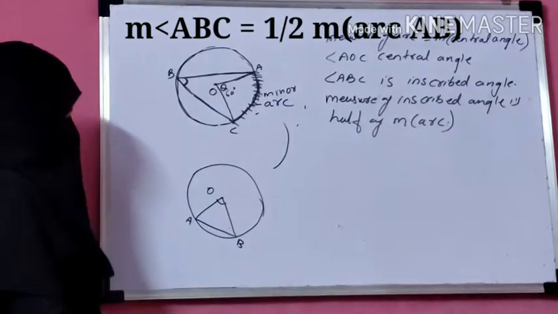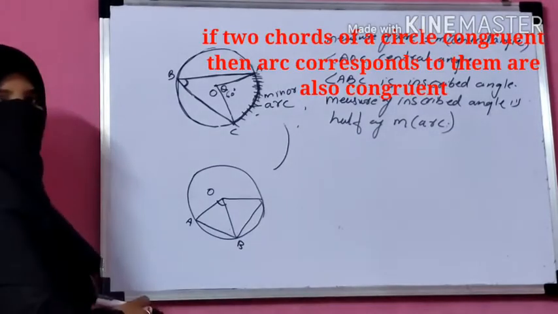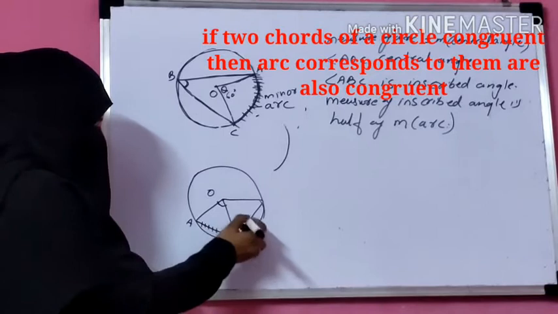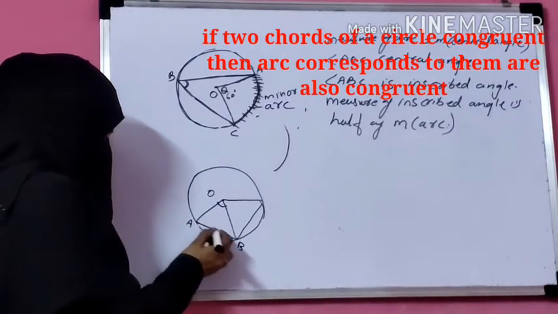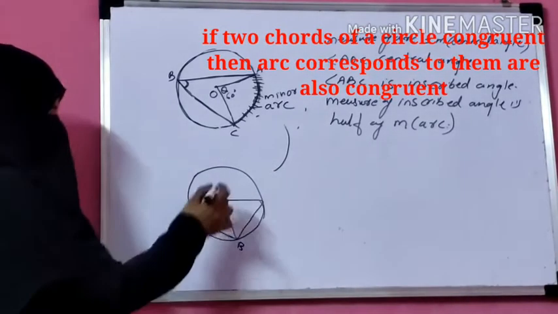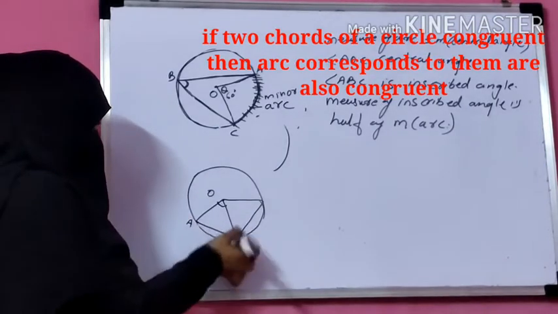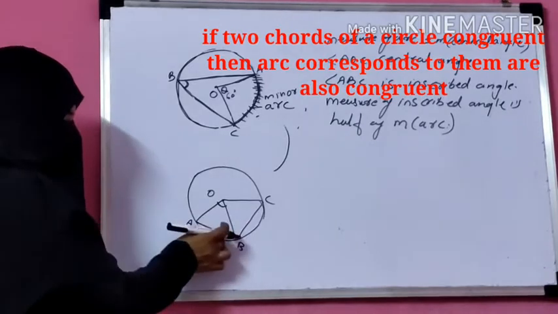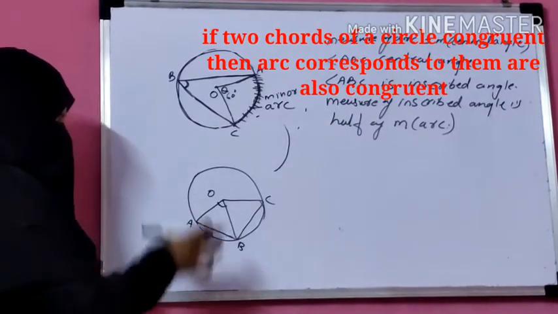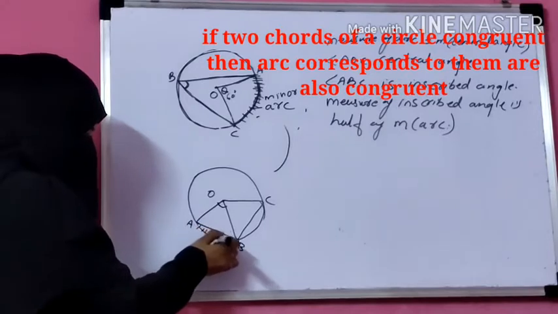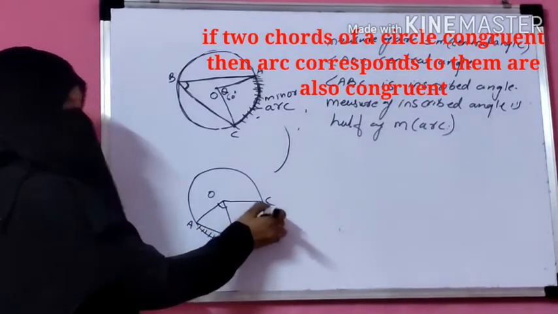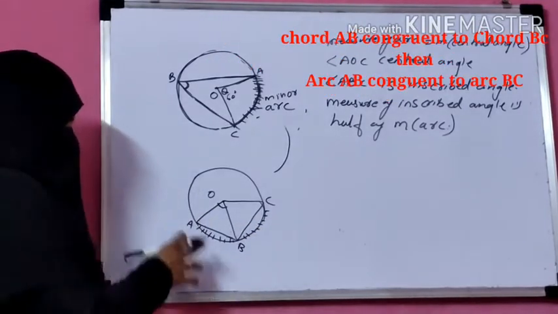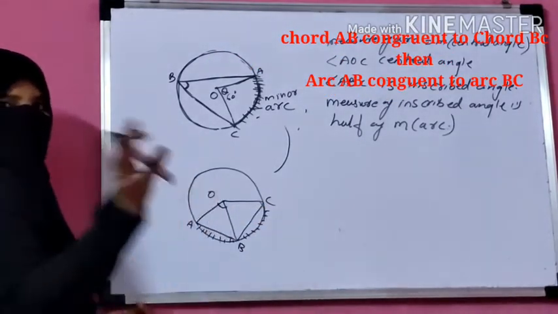The next thing you have to recall: suppose this is angle O, this is chord AB and this is chord BC. If two chords of a circle are congruent, then their corresponding arcs are also congruent.